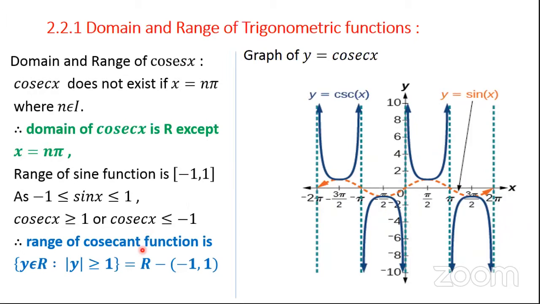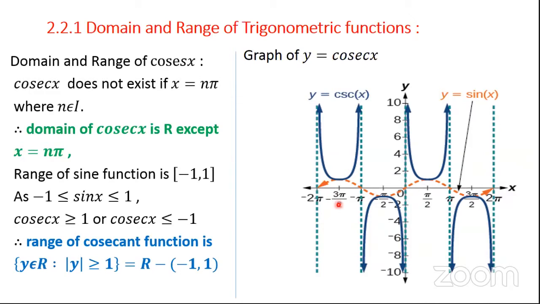So the range of the cosecant function is R minus the open interval (-1, 1). So this is the domain and range for cosec x.